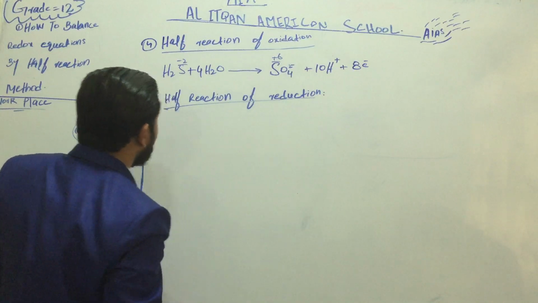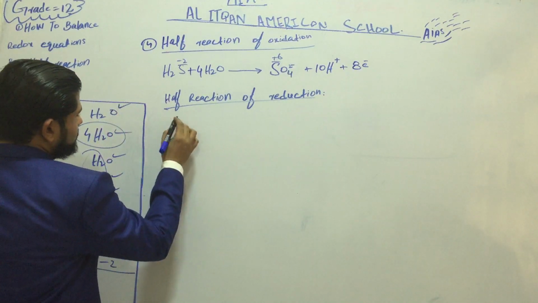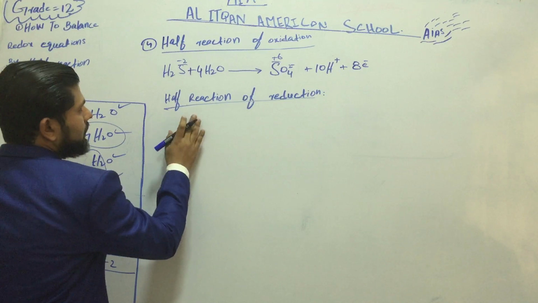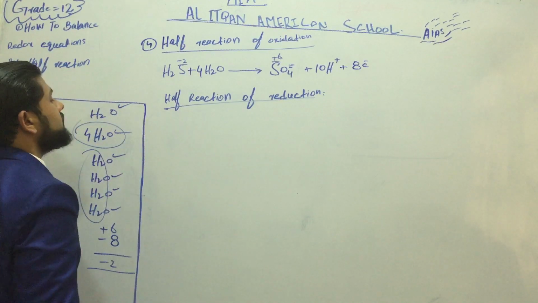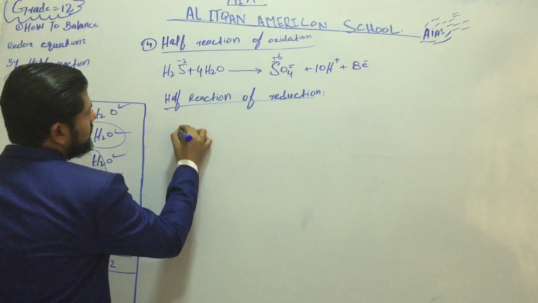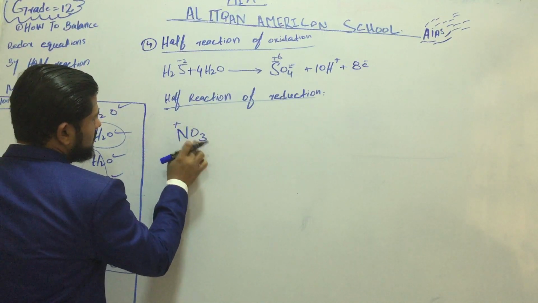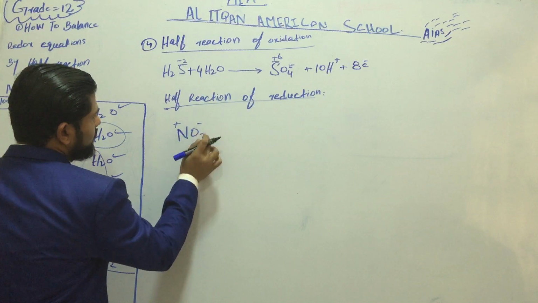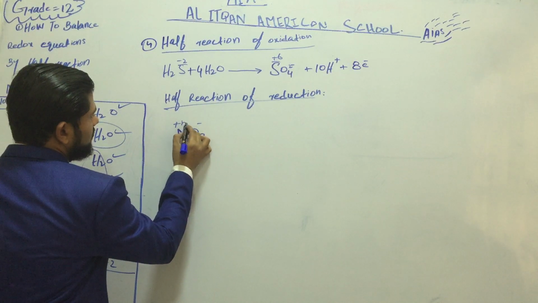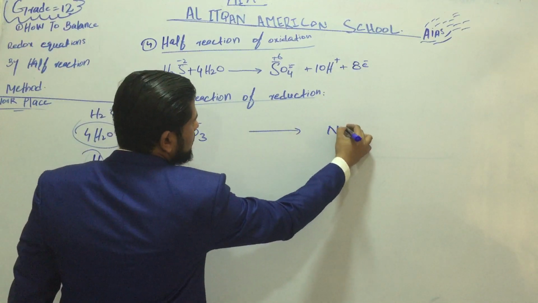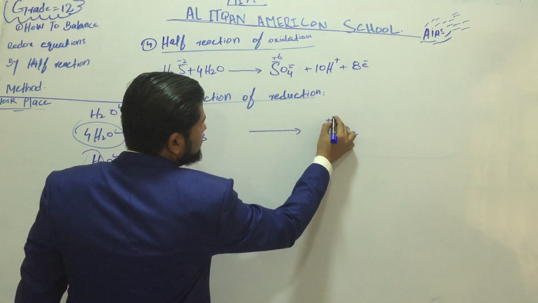Reduction in that step was with the equation that we used for nitric acid. So you will write here NO3, that was +5 here, and on the other hand side there was NO2 with +4.